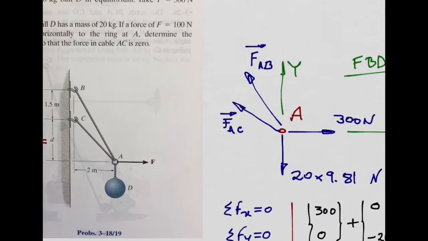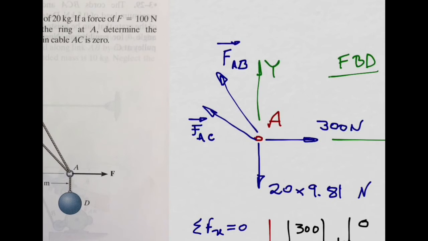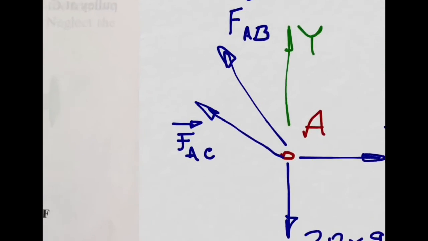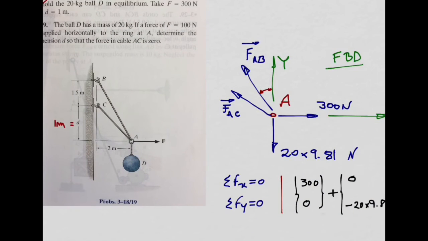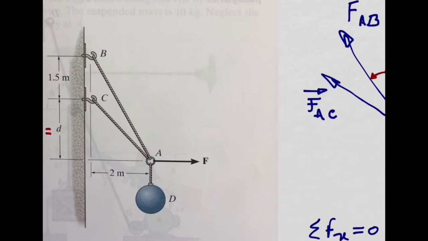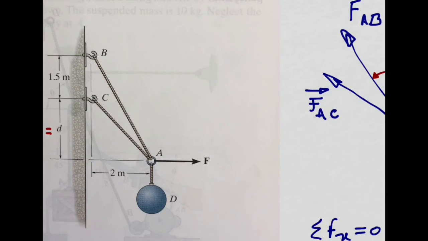So if I want to get, for example, this angle here, from here to here, how much is this angle? We can use this figure here. So I have the vertical direction y, this one. I want this angle.